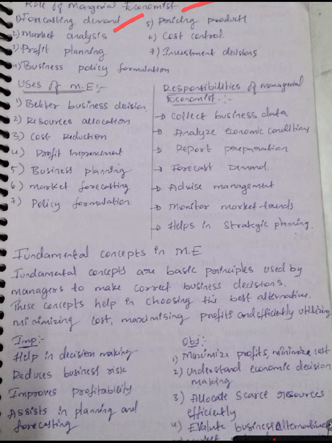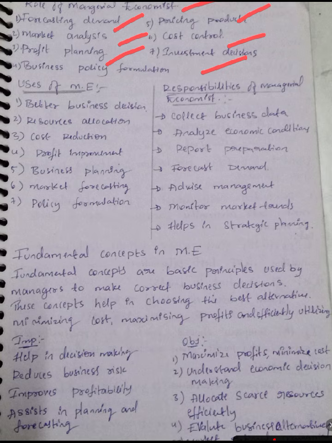Now the second point, market analysis. Just now I said, right? And profit planning, pricing products, cost control, investment decisions. If you observe, managerial economics is mostly all about pricing methods, investment decisions, and profit planning.